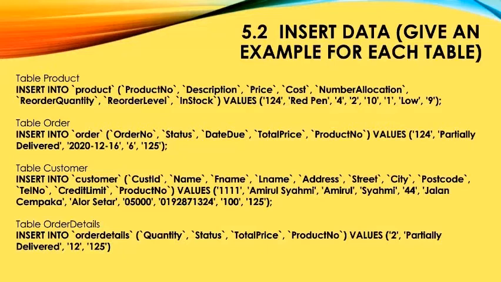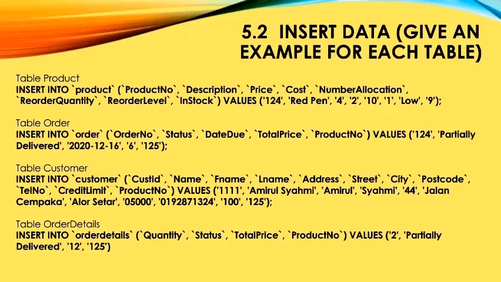So as an example, we want to insert into product: product number, description, price, cost, number, location, reorder quantity, reorder level, in stock, and automatically it will give us the result, which is 124 red pen, 4 2 10 1 low, and 9, based on what we want to get from the table.